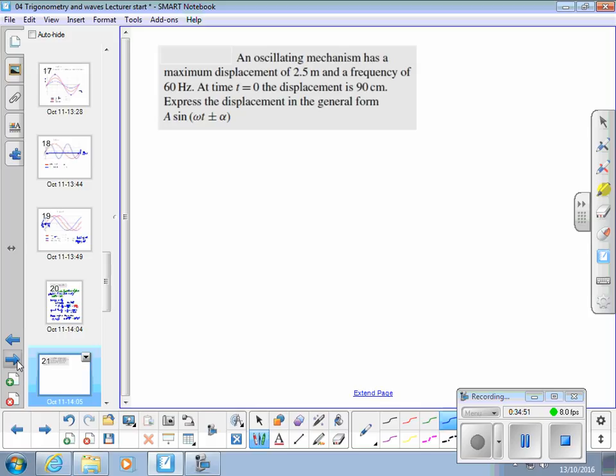Another problem. An oscillating mechanism has a maximum displacement of 2.5 meters and a frequency of 60 hertz. At time t equals 0, the displacement is 90 centimetres. Express the displacement in the general form A sine(omega t plus or minus alpha). How can we go about doing that?